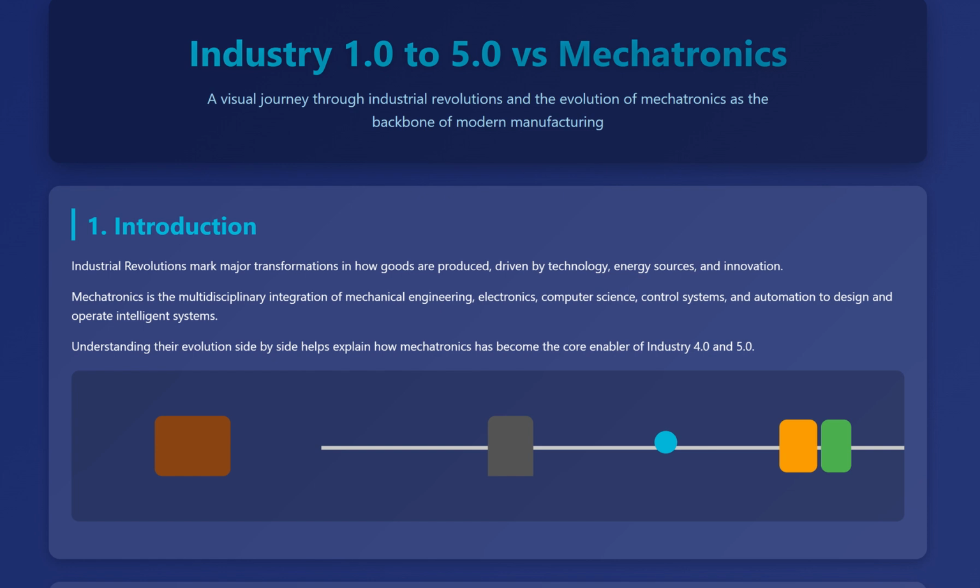So there were what we call industrial revolutions, a change in the industry past the world wars or the civil wars that were transforming how goods are produced, how this production is driven by technology, how the energy resources were utilized or developed or harnessed. At the same time, how innovations were moving from point A to point B to change the society. So this is a key milestone of Industry 4.0 and the journey to mechatronics.